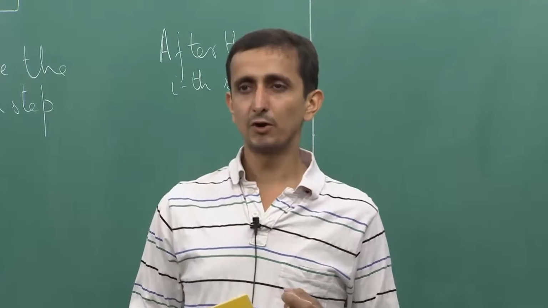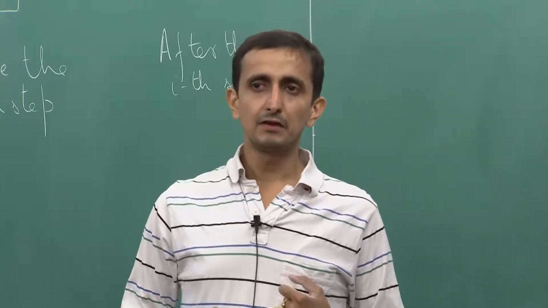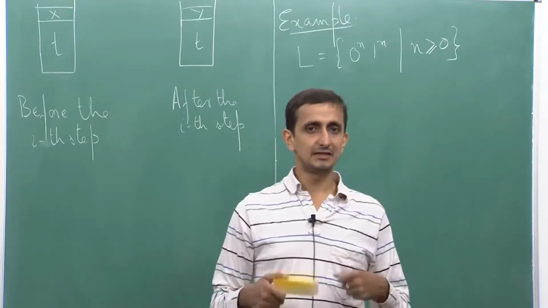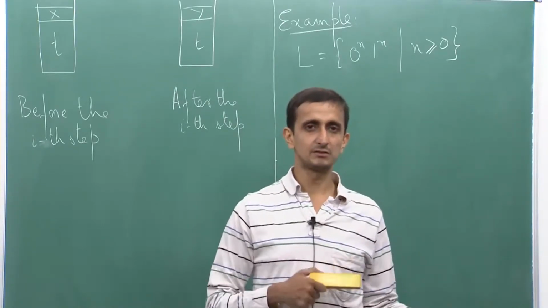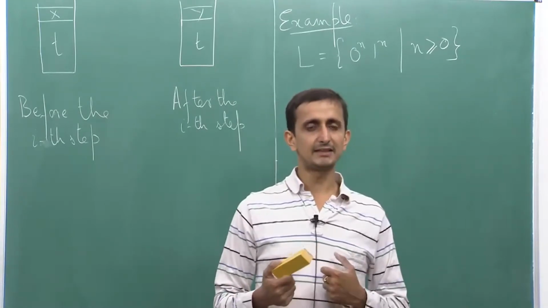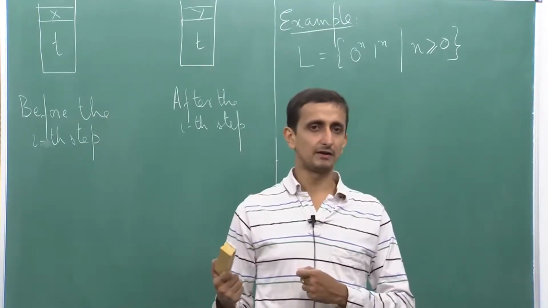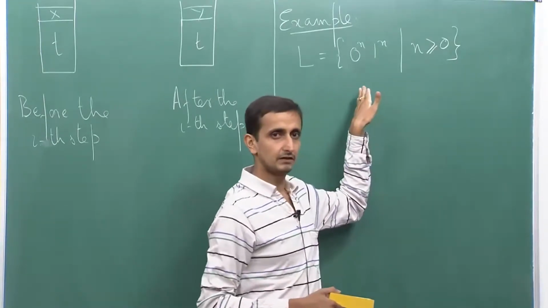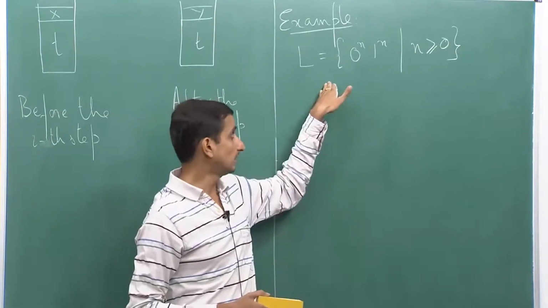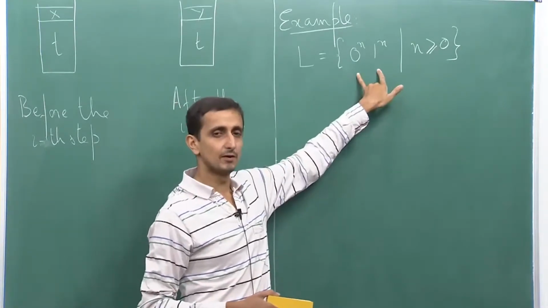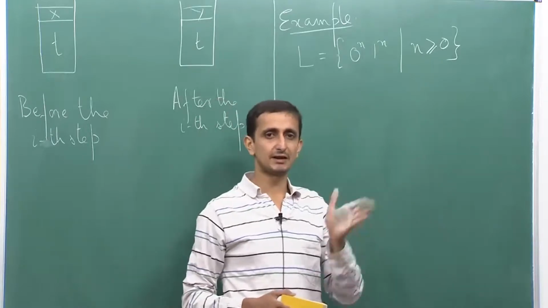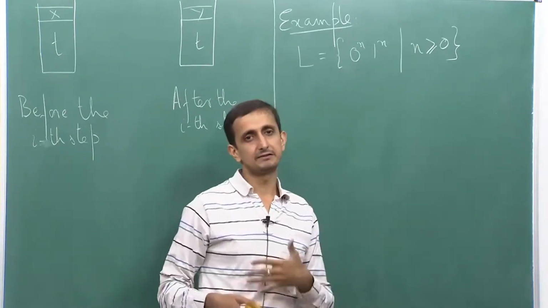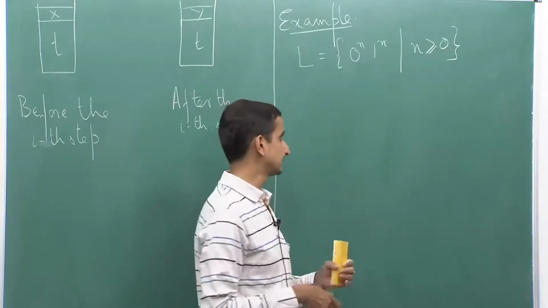It will keep on doing this, and when the input is completely read, if the stack becomes empty, as it was at the very beginning, then we say that the input given is of the form 0 to the power n, 1 to the power n, because the number of A's pushed matches the number of A's popped when the string is completely read. Otherwise, we will say that it is not. We will look at some examples.